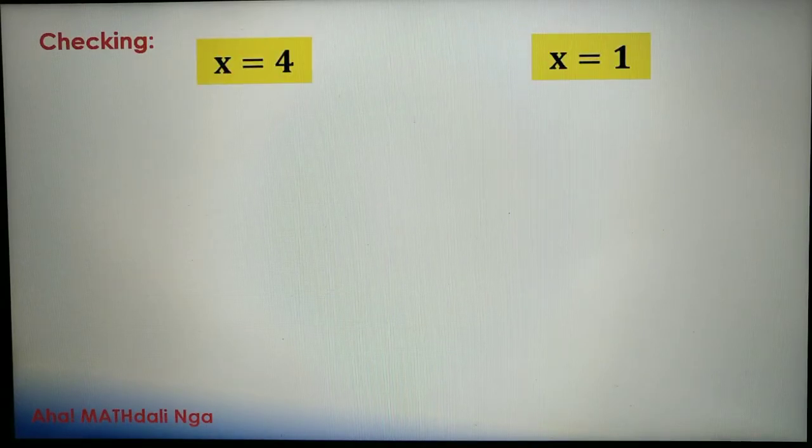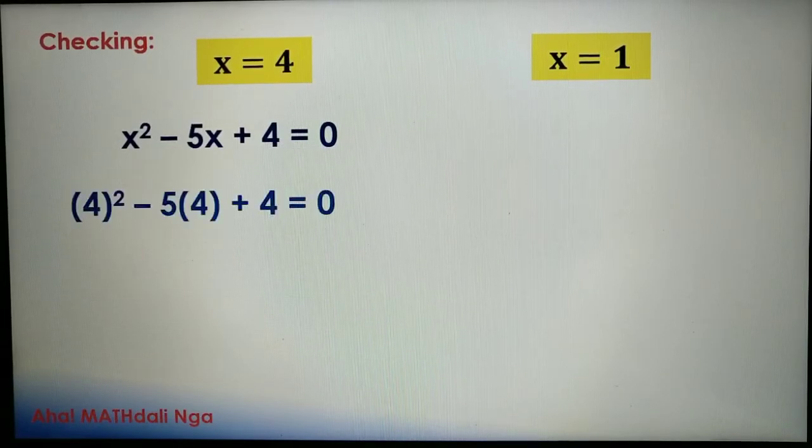Again, the values of x are positive 4 and positive 1. We will substitute first the positive 4 to the given quadratic equation. We have x squared minus 5x plus 4 equals 0. By substitution, we have the square of 4 minus 5 times 4 plus 4 equals 0. We will simplify. We have 4 times 4 equals 16.